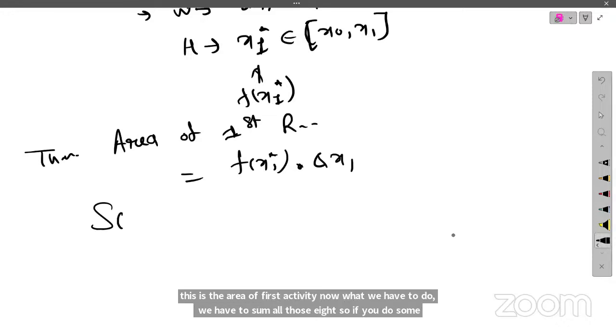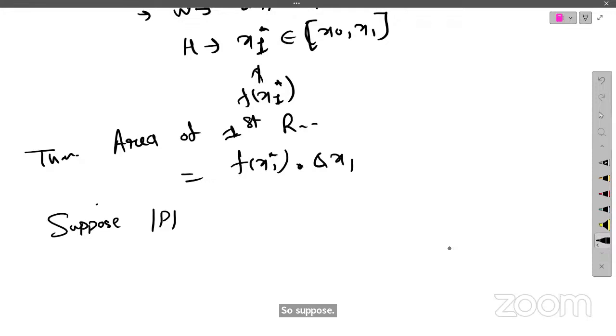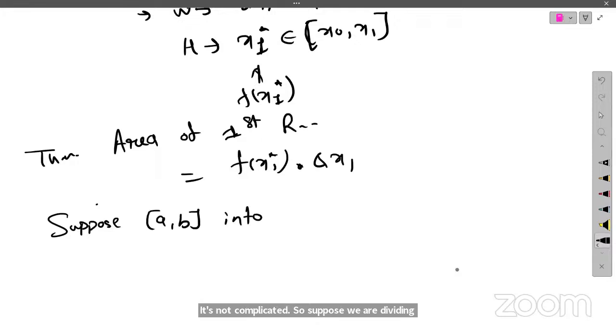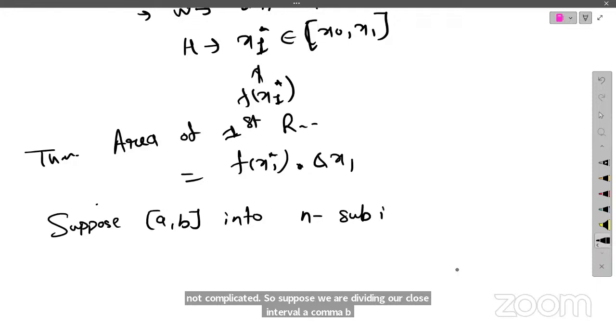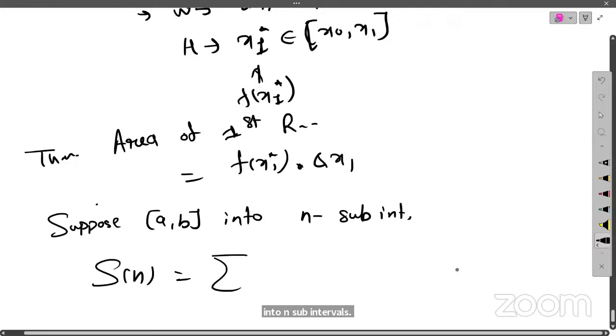Suppose we are dividing our closed interval a comma b into n subintervals. Then this Sn is nothing but the sum of all those areas.